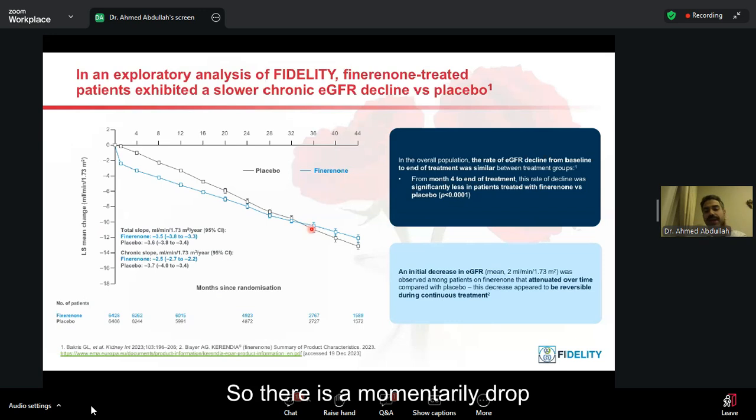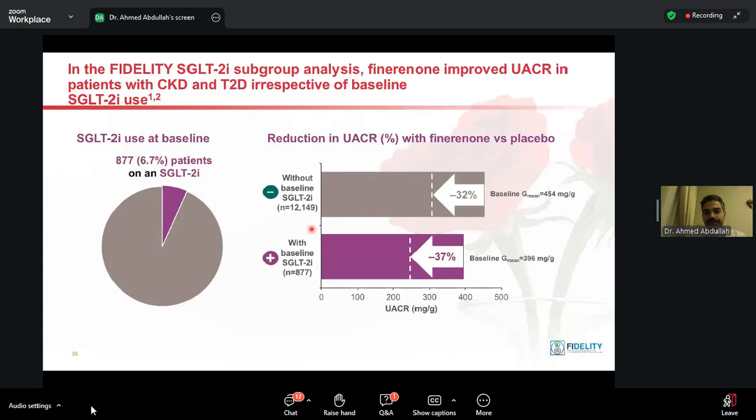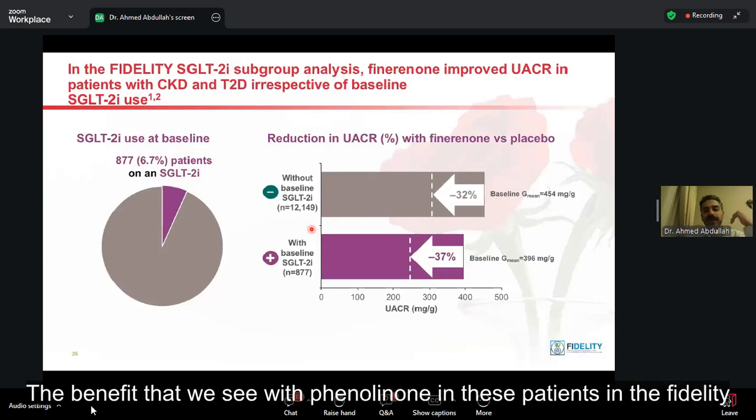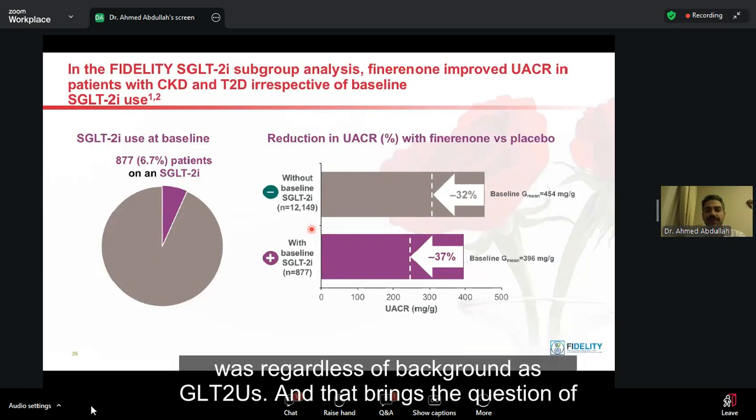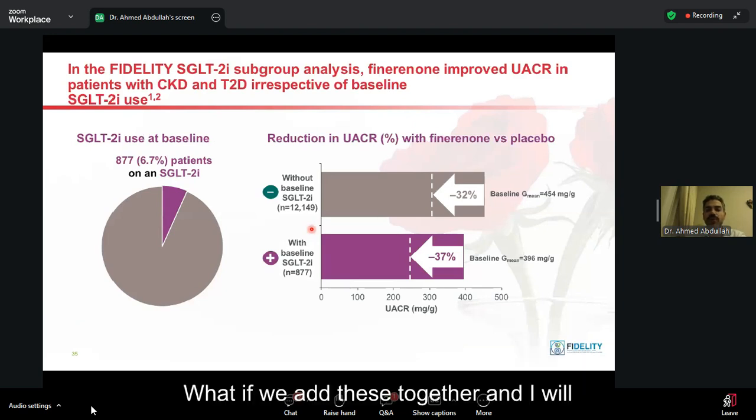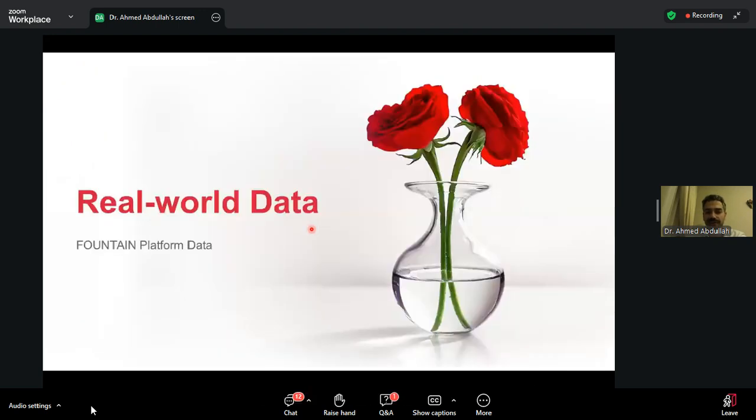So there is a momentary drop, but in the long run, you win the race. And the benefit that we see with finerenone in these patients in the Fidelity pooled analysis was regardless of the background SGLT2 use. And that brings the question of what if we add these together?